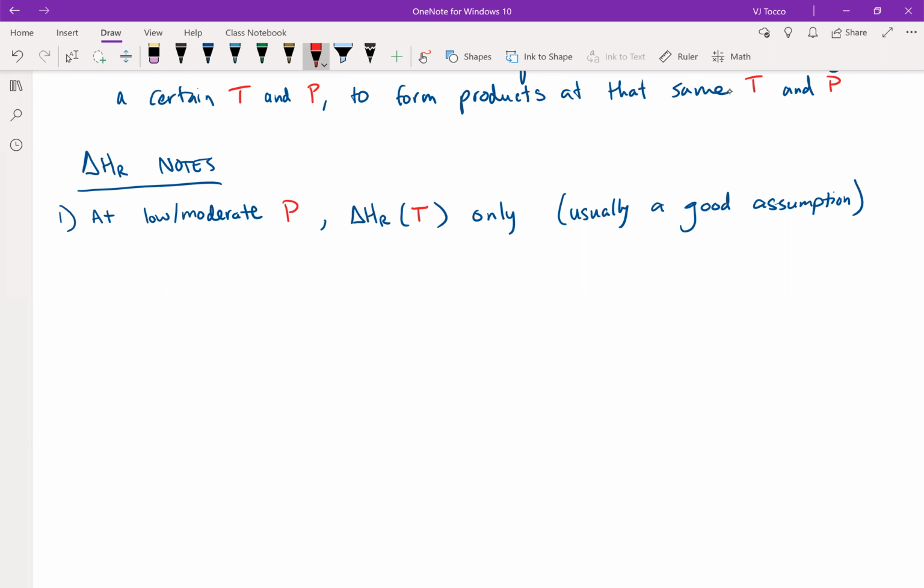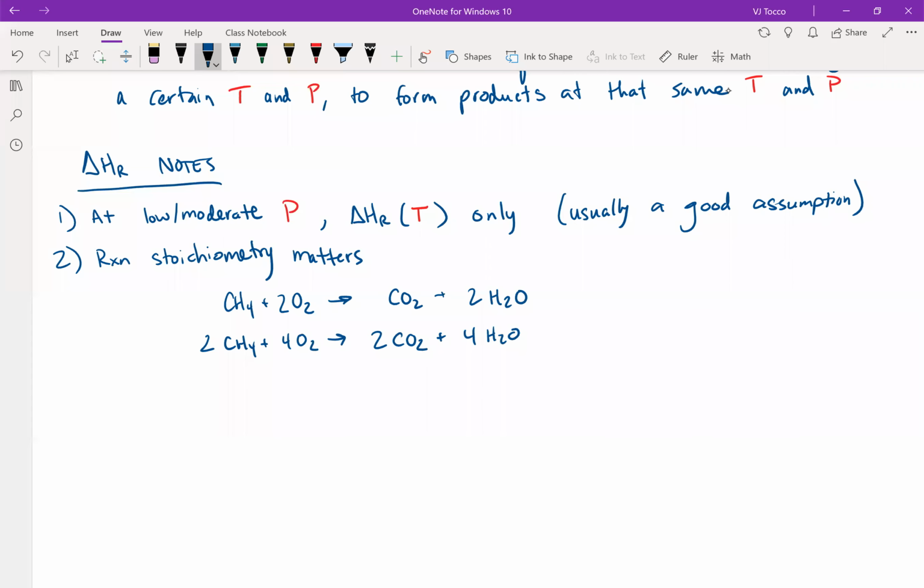So this means that the heat of reaction is a function of temperature only, not a function of pressure, and this is usually a good assumption. There's a parallel you can draw here to the enthalpy of vaporization. Remember how, with enthalpy in general, most times we say that the effect of pressure is small relative to the effect of temperature.